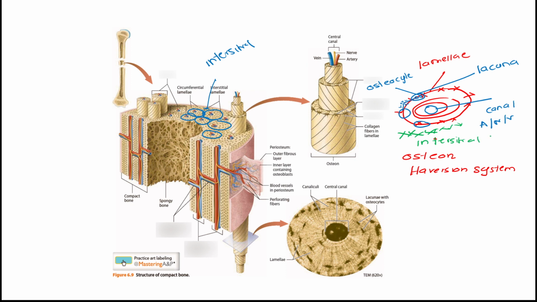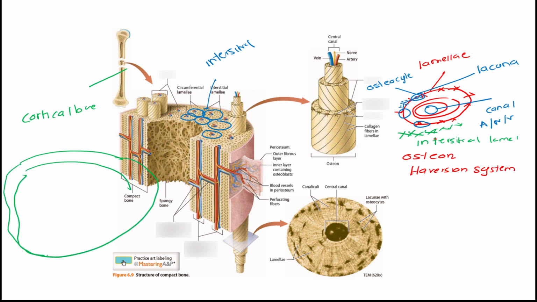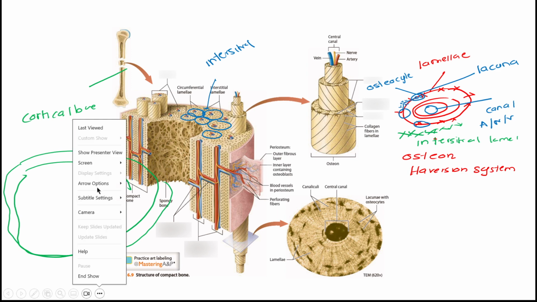Right. What else? Now, as you can see, the normal structure of a cortical bone, for example, we'll take a long bone such as this. The cortical bone has the outer layer, which is called the periosteum. Now, this is the periosteum, the outer layer. I'll try to take a new screen so that I can depict this in a more clear manner.